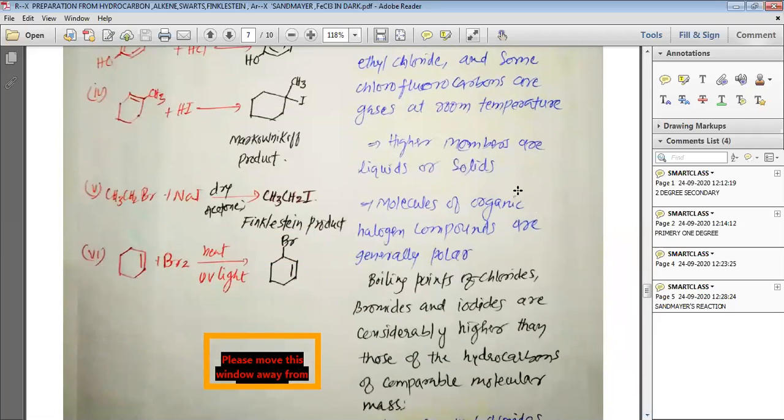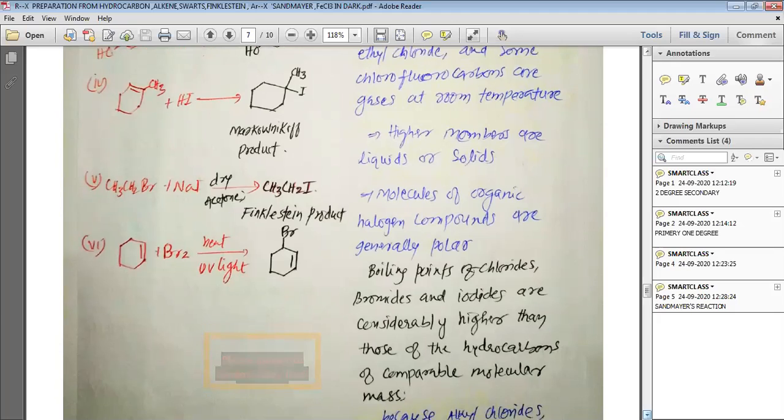But higher members are liquid or solid. So as the number of carbons or hydrogens increases, the van der Waals forces increase, and that is why they are either liquid or solid instead. I am talking about the intermolecular forces, my dear students.